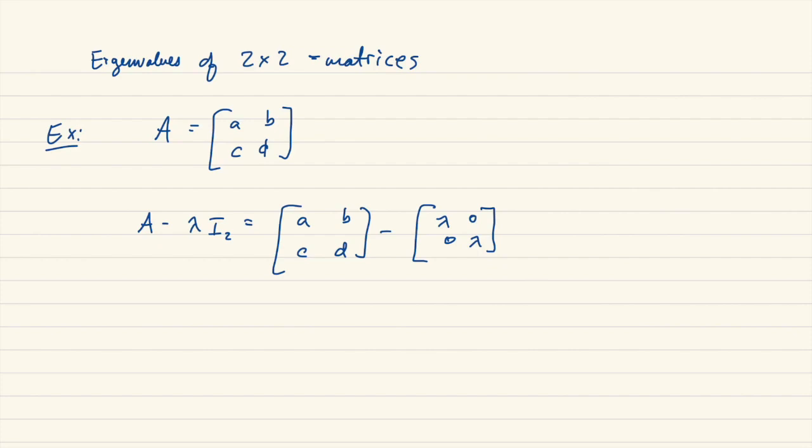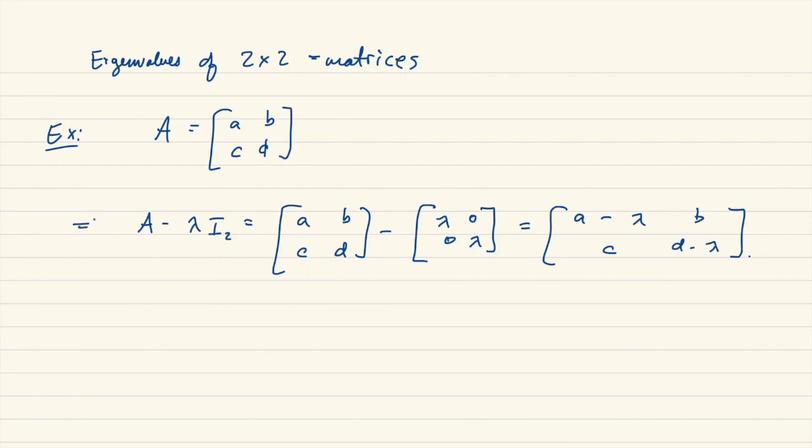And so if I subtract them, we end up with a minus lambda, b minus 0, so that's b, c minus 0, so that's c, and then finally d minus lambda.